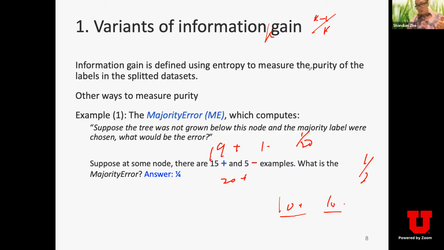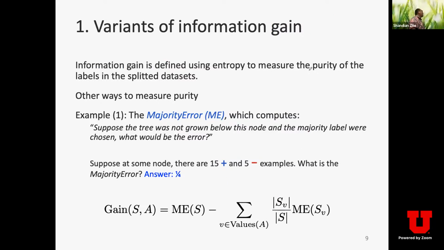So it naturally comes out as the majority error gain. It's the same as information gain, except that I'm going to replace entropy in this formula by the majority error. And that's it.